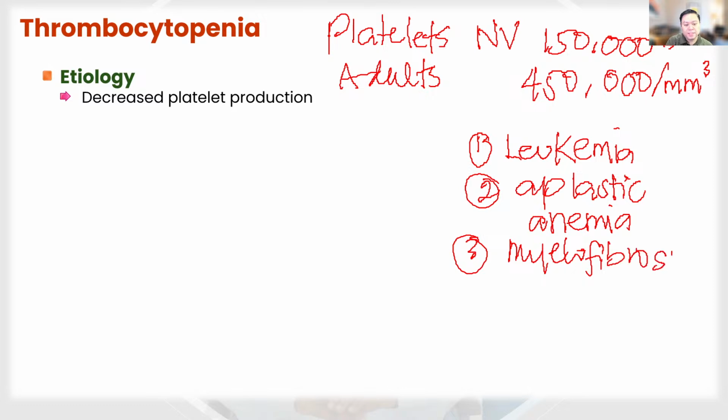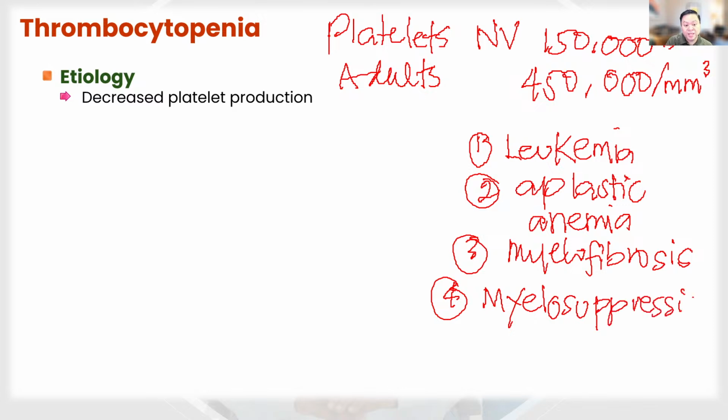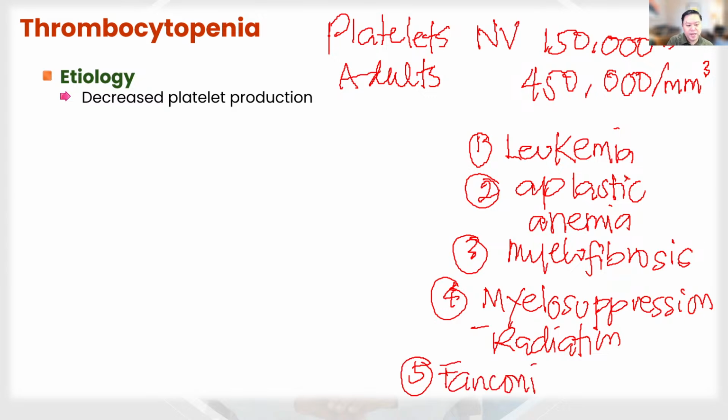And if the patient is undergoing a myelosuppressive therapy, okay? Myelosuppressants, those treatments that can cause the suppression of the bone marrow in producing the blood cells. Myelosuppression, maybe radiation, or some inherited disorders like Fanconi anemia, which is a rare type of anemia.